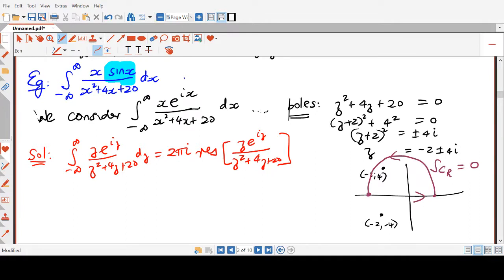And I am working out the answer at minus 2 plus 4i. I'm only working the answer out here, at minus 2 plus 4i, not at the other pole.